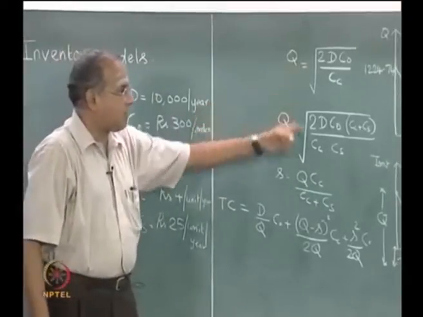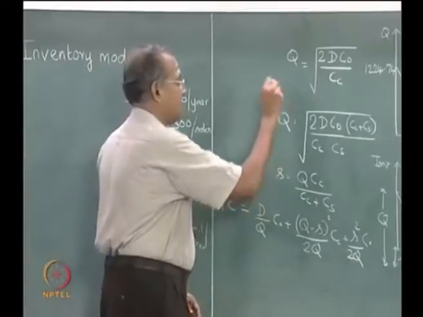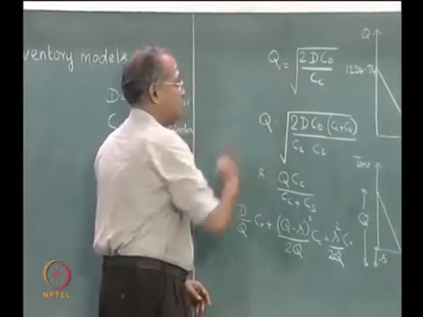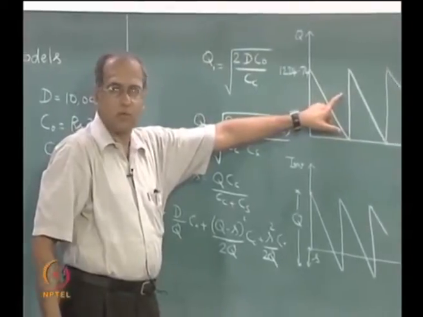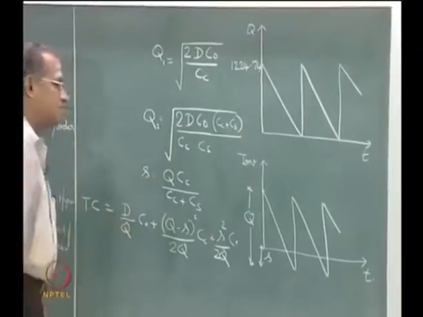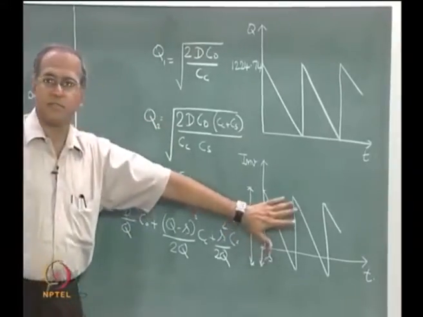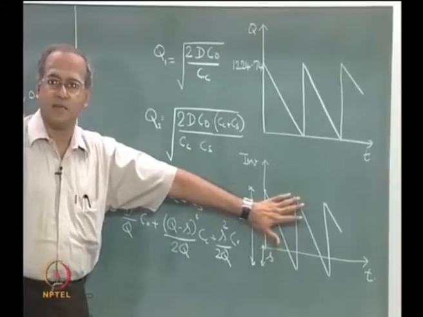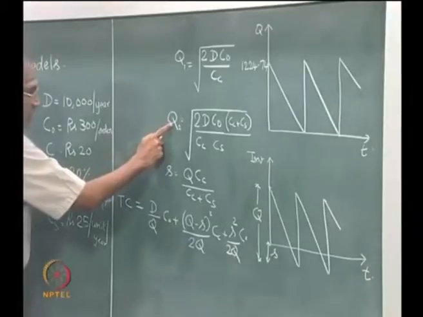Since I have written the formula for both the models, let me call this Q1, which is the economic order quantity for this system without back ordering, and let me call this Q2 as the economic order quantity for this system, which includes and considers back ordering. So, we are now interested in computing this Q2.